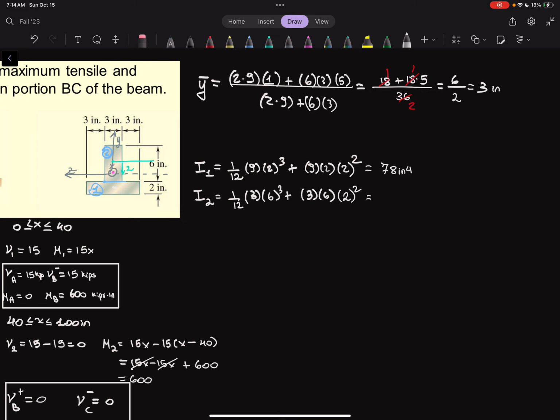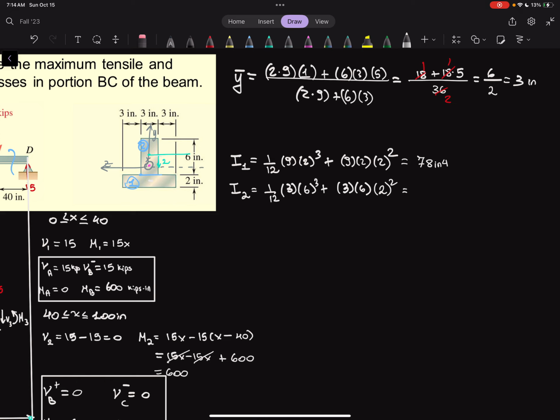And then the other one is going to be 1 over 12 times 3 times 6 to the third, plus 3 times 6 times 2 squared, which is 4. So that would be 198. And that's where I make my mistake. So let's see. 3 and 2 is going to be 5.